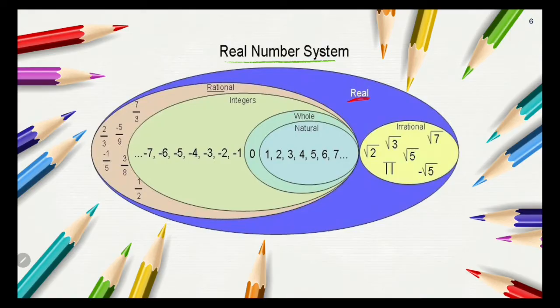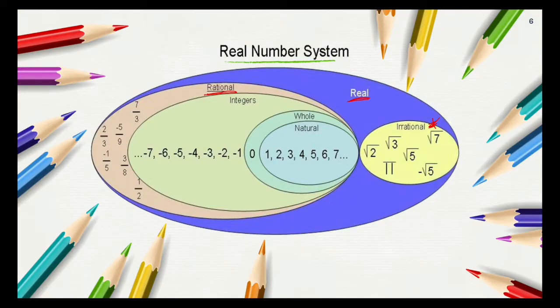Within the rational numbers are integers, whole numbers, and natural numbers. All of these are rational because they can be expressed as fractions. On the other hand, irrational numbers are those numbers that cannot be expressed as fractions. So we have here pi, square roots, and you can also have decimals that cannot be expressed as fractions.